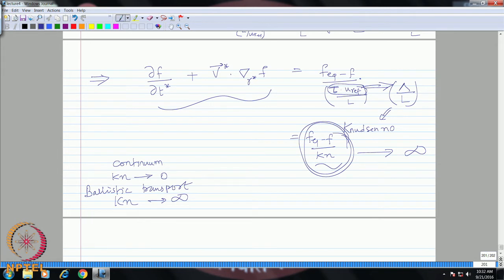That means, in this case what happens to this term? 0. So, there is no collision at all. Knudsen number is infinity, there is no collision between the energy carriers. That means the transport is ballistic, it is like a missile.